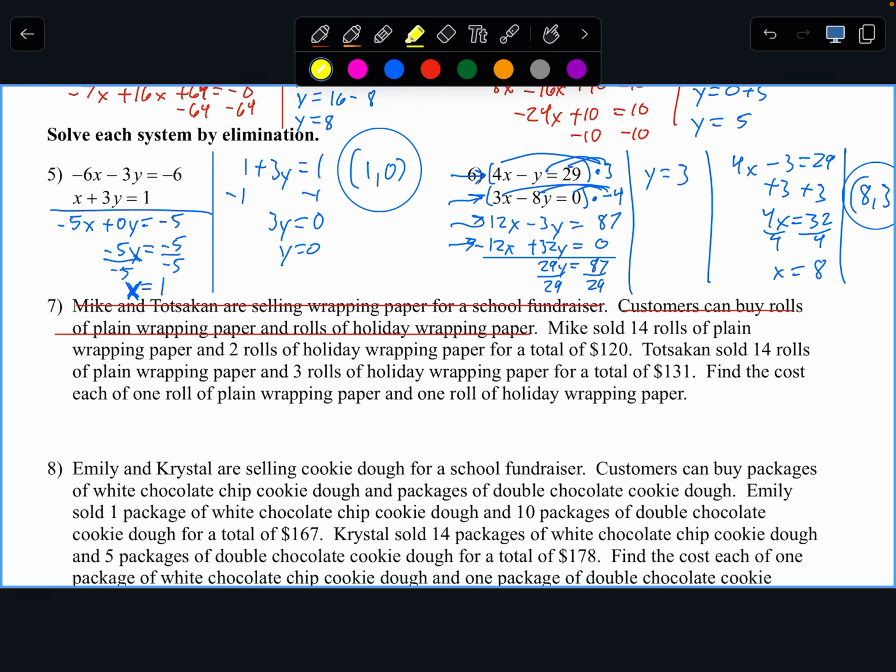That's important. So 14 rolls of plain and 2 rolls of holiday for 120. Tatsakin sold 14 rolls of plain wrapping paper and 3 rolls of holiday for 131. Great. And then find the cost of each roll.